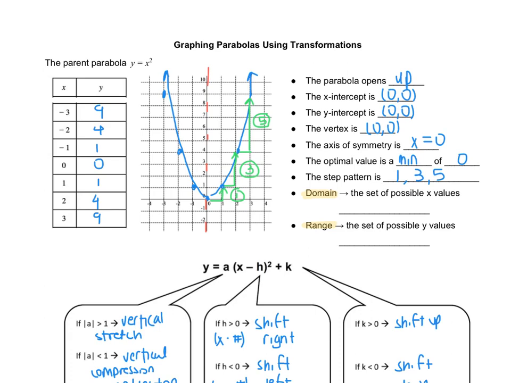And if you look at this parabola, it goes on forever upwards, which means this right side will continue all the way to positive infinity. I can have a value on this parabola where x is 1,000 or 2,000 or 1,000,000. And same thing with the negative side. This continues forever, so I will have all the negative values.